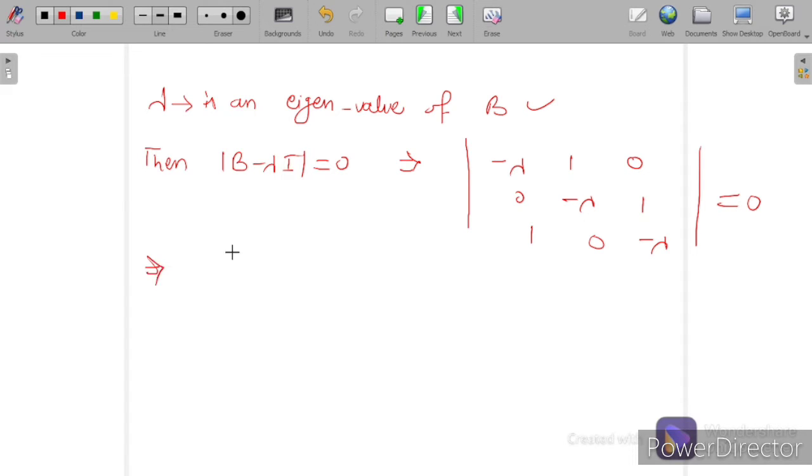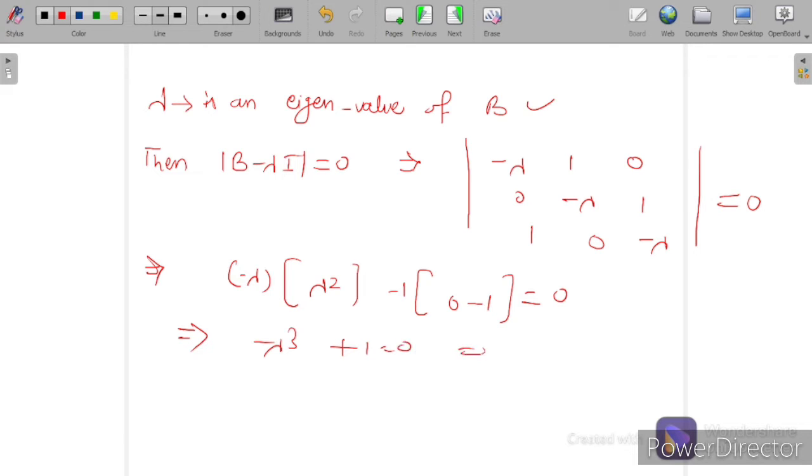Now its determinant is equal to minus lambda times lambda square minus 1, 0 minus 1, equal to 0. This implies minus of lambda cube plus 1 equal to 0. This implies lambda cube minus 1 equal to 0.